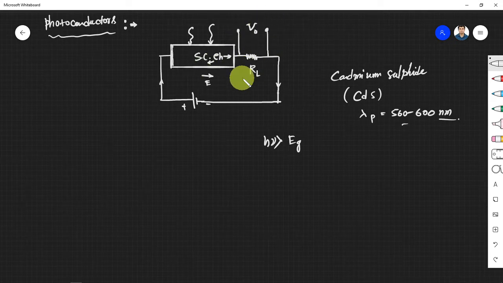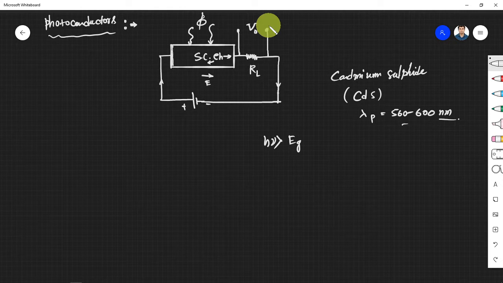They are in series, so it's a potential divider circuit, and you can keep on monitoring this V0 and calibrate the device with photon flux phi. So if photon flux increases, the resistance of this photoconductor will reduce, so the drop across it will decrease, and V0 will increase.